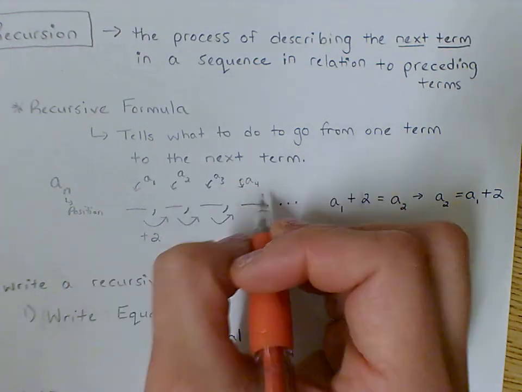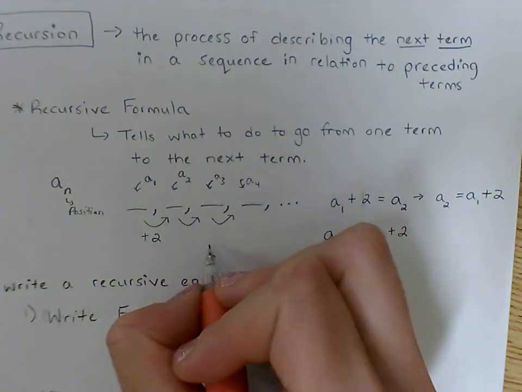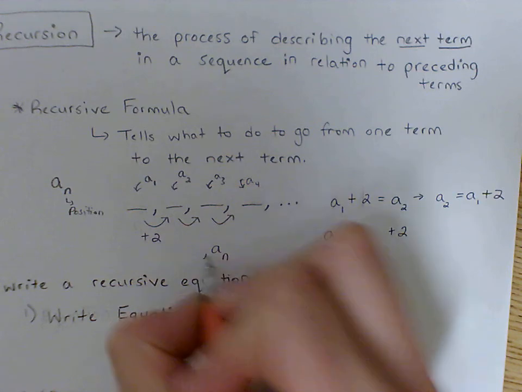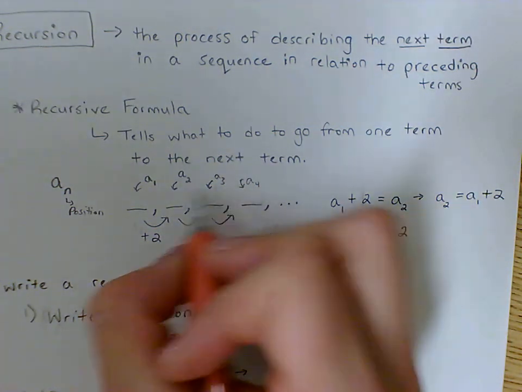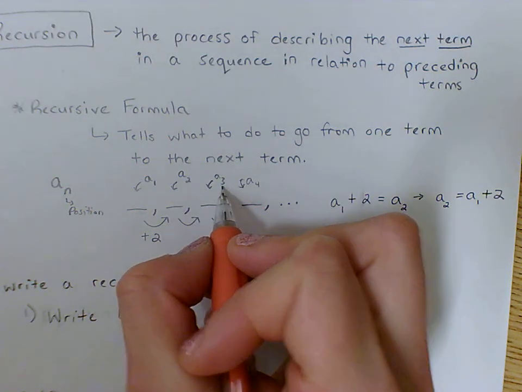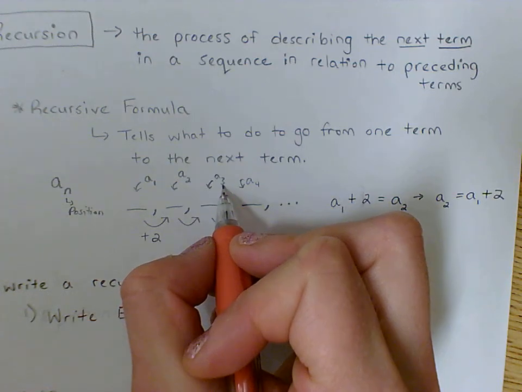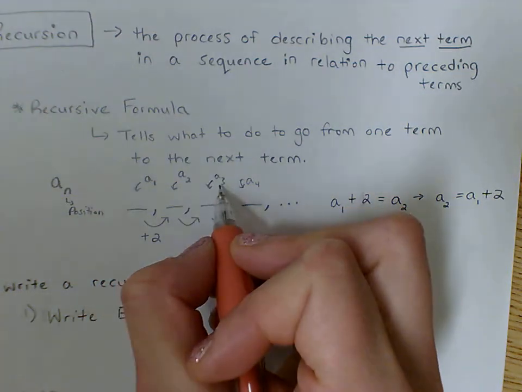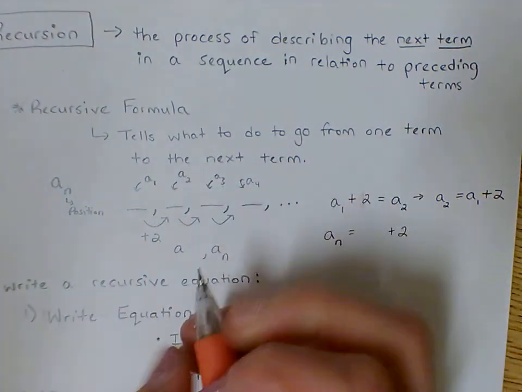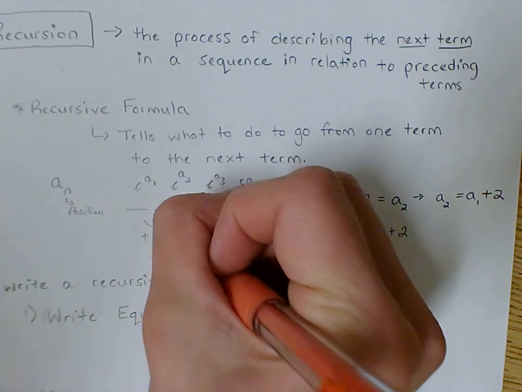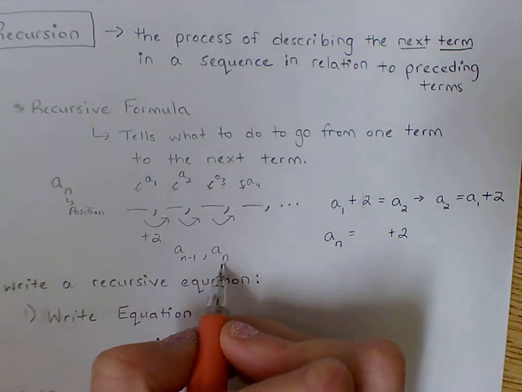So if A sub n was some term in my sequence, what do I do to the position of this to find the term that's right before it? Look at how these relate. To go from this term back to here, we'd have to take 3 and subtract 1 from the position of it. So the term that would be right before that one would be the A with a subscript of n minus 1, because this is the position right before that one, okay?